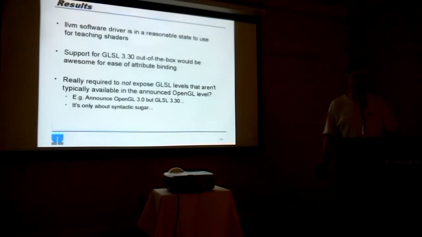If you get a 3.1 core profile context, and you just ask which GLSL version is actually supported, then with 3.1, of course, you only get 1.30. But if you just feed some hash version 350 to the compiler, should it really bail out, or should it just say, okay, that's not really true, but well, I'll compile it anyway?